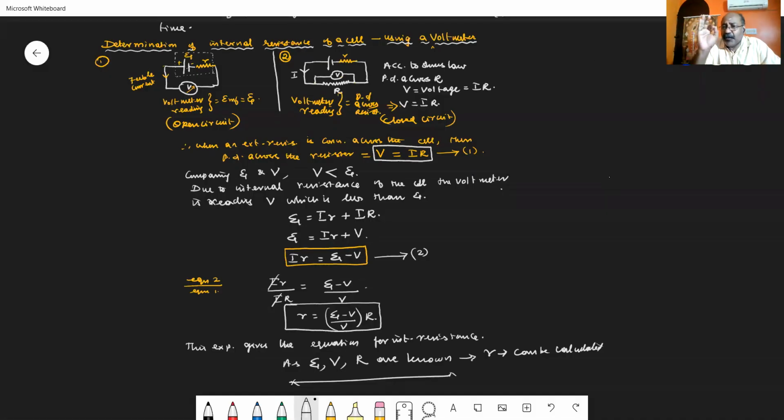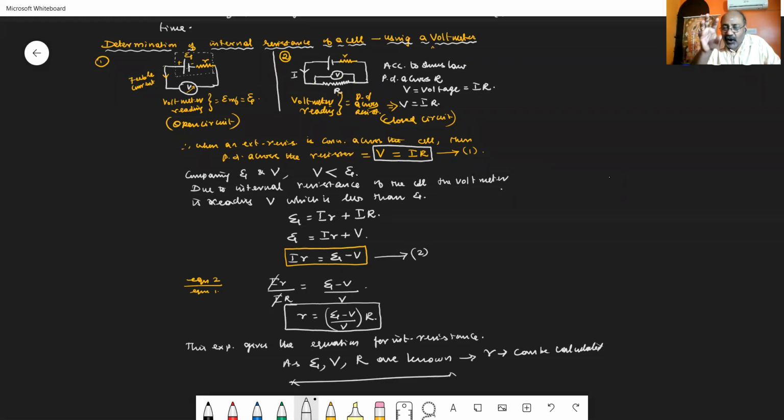In an open circuit, the potential difference measured is EMF. In a closed circuit, the measured potential difference is the voltage or potential difference. When you compare EMF and potential difference, the potential difference is less than EMF, which indicates that there is a potential drop across the external resistance as well as the internal resistance.